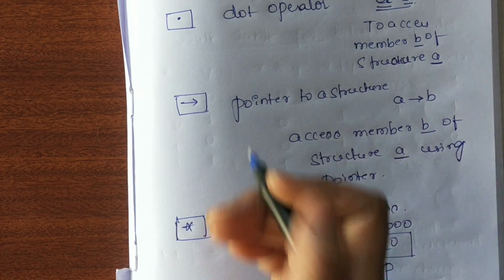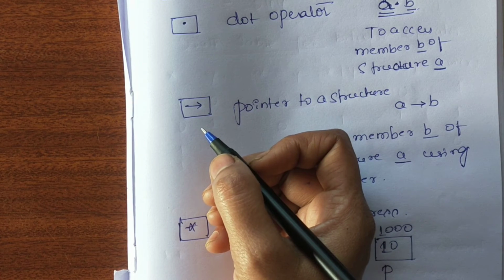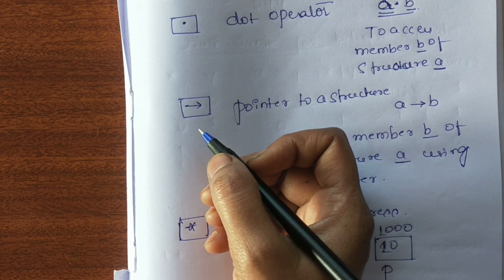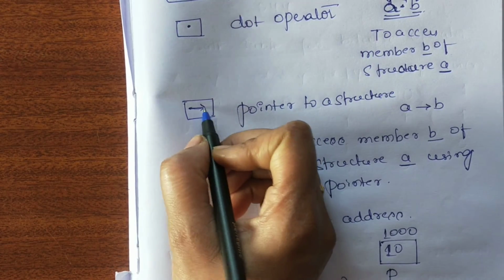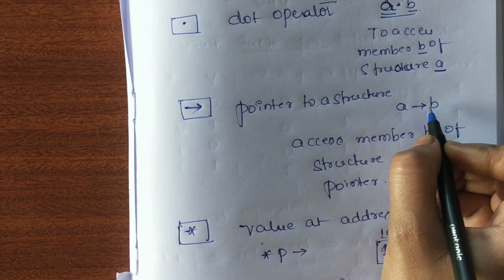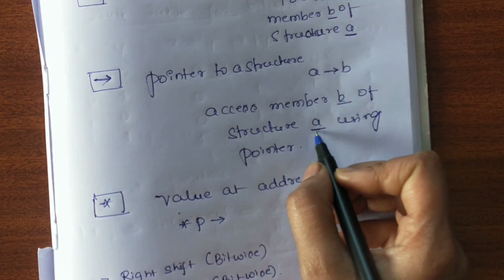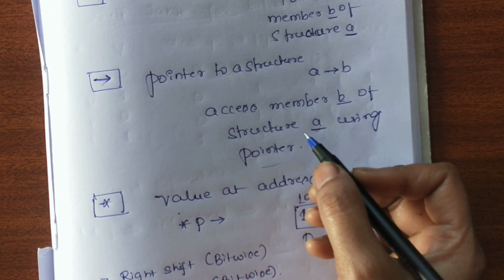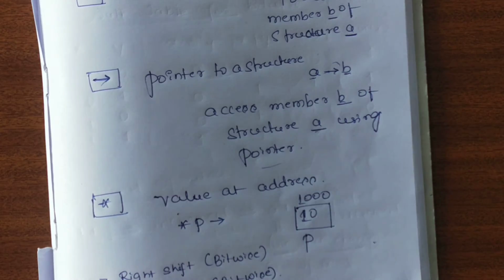Next, like the same, instead of a normal data type member, if it is a pointer, then we use this arrow mark. See, A arrow B indicates access the member B of a structure A using the pointer. We are accessing the member B by using pointer to the structure.